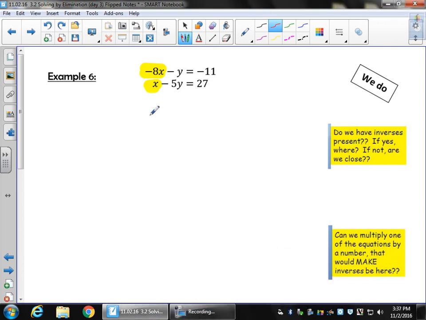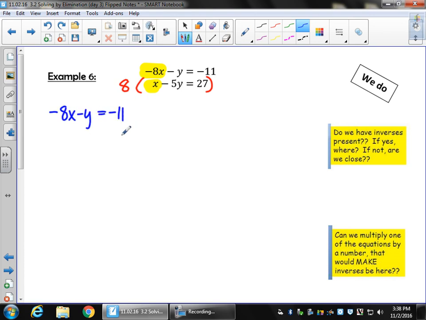To have inverses here, I need this to be an 8. To make that happen, I can multiply this entire equation by 8. We're going to leave the top equation alone. So this will stay negative 8x minus y equals negative 11.